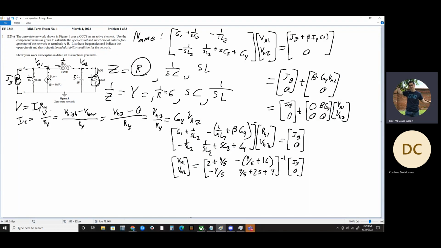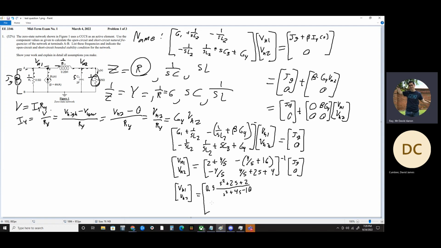So then that is going to turn into, let's see, where's my mouse? Oh, there it is. Vn1, Vn2 is going to be equal to 0.5 times S squared plus 2S plus 2 over S squared plus 4S minus 10.